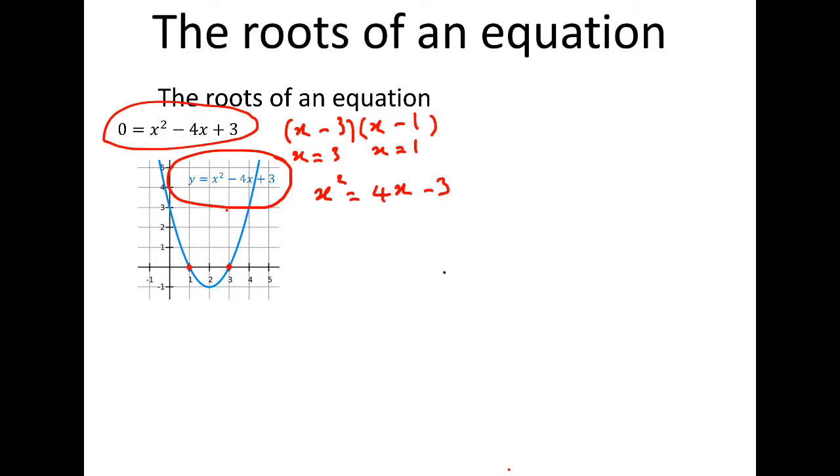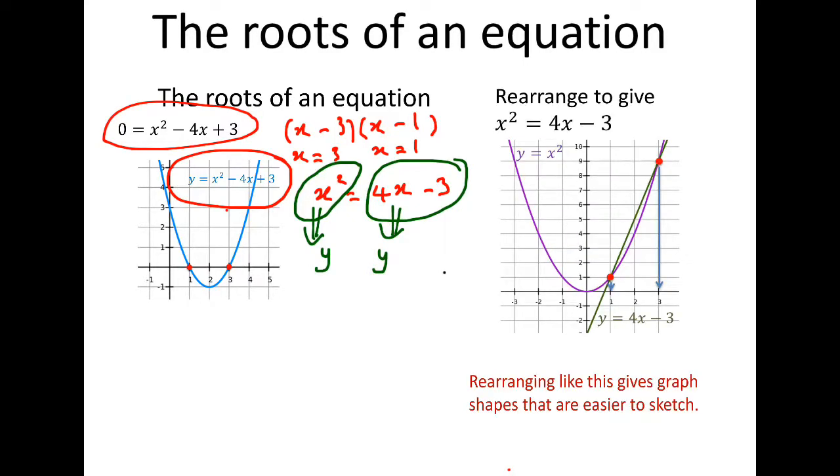Then we can plot each of these functions on its own. So we plot x squared and we plot 4x minus 3. So we make this equal to y and we make this equal to y. Then we can plot it on one graph, as we will see from the next diagram.